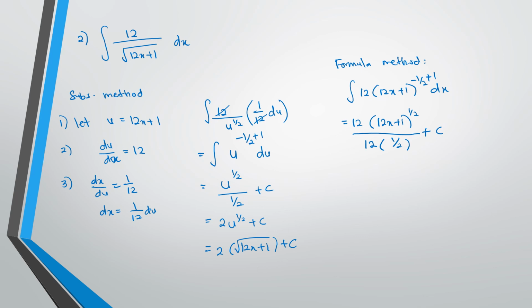Okay, so 12 times 1 over 2, kita dapat 6. And then 12 divided by 6, kita dapat 2. So final answer 2 surd (12x plus 1) plus c.